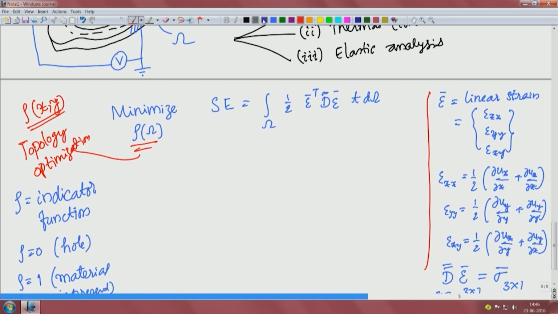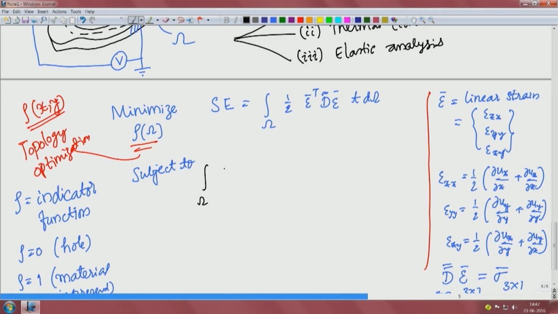Now, we have defined the objective function and the design variable, and now we have to write the constraints. Subject to, we have to write the constraints, the equilibrium equation. There is epsilon here, so that has ux, uy, that should be governed by some equation, which we will write here in the so called weak form.